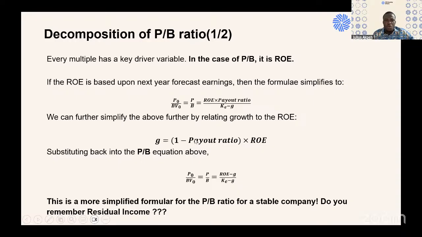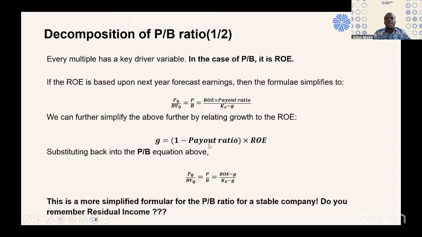So you have 1 times ROE, which is ROE, minus ROE times payout, right? So we can make the payout ratio the subject. We can say ROE minus G divided by payout. In fact, that's how the formula will be: ROE minus G divided by payout.